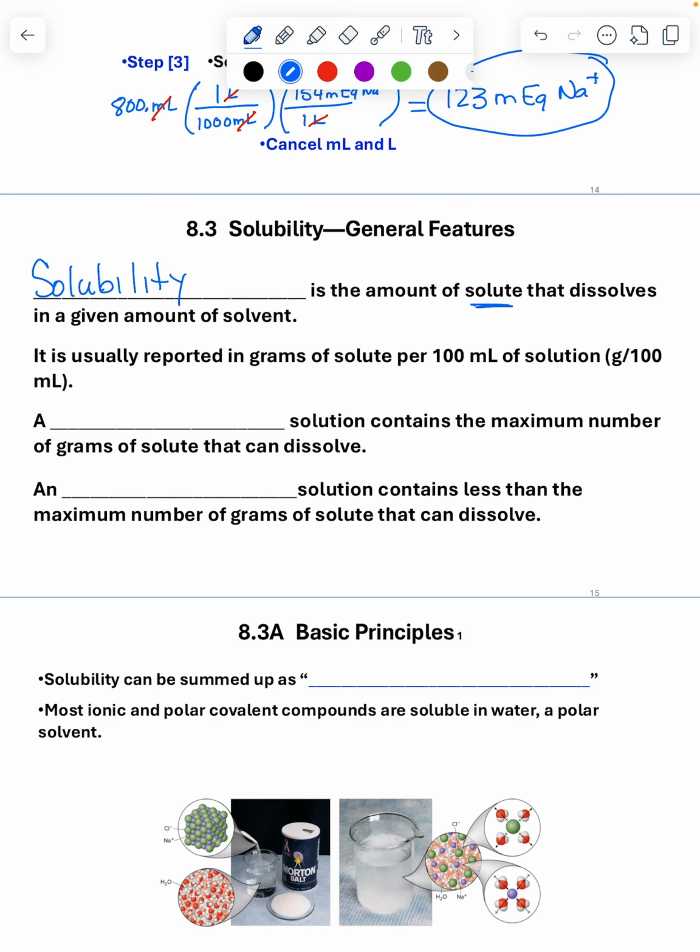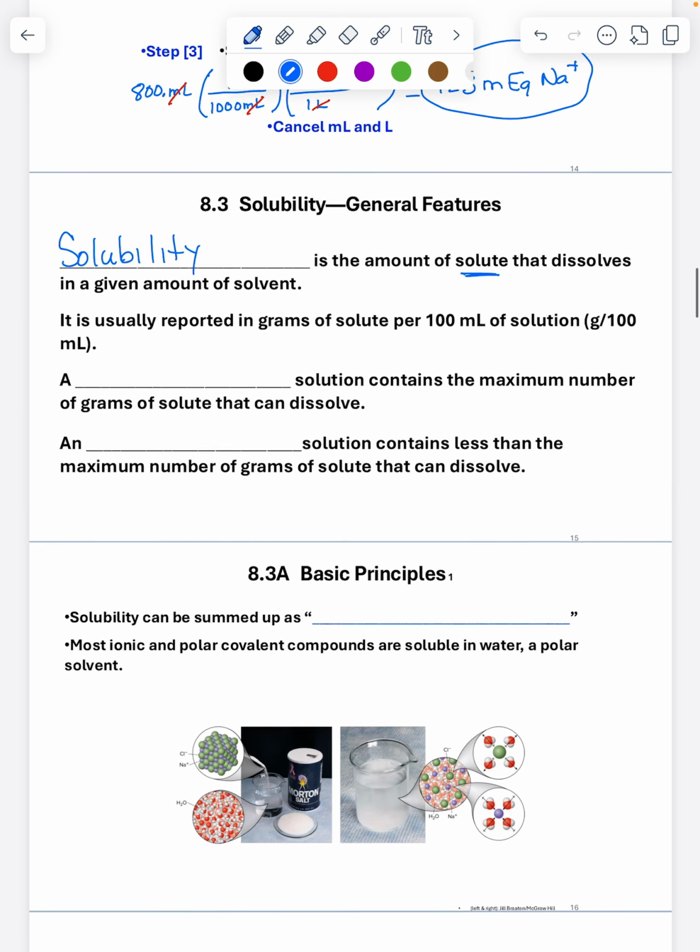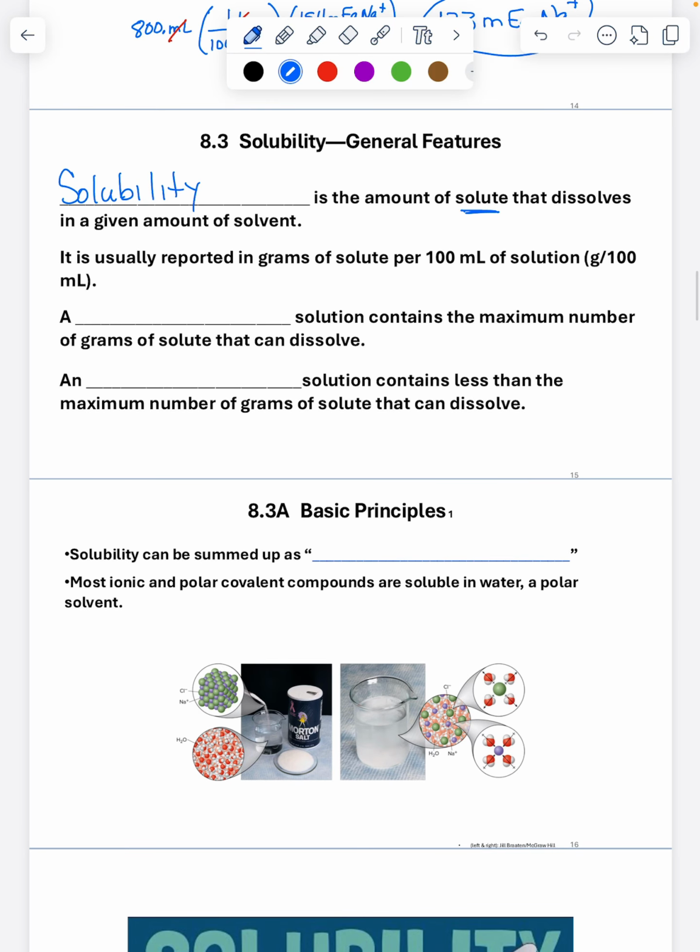So we have some different types of solutions based on solubility. If we have a saturated solution, it contains the maximum number of grams of solute that can dissolve. So think about a sponge. If you have a saturated sponge, it holds all the water that it can hold.